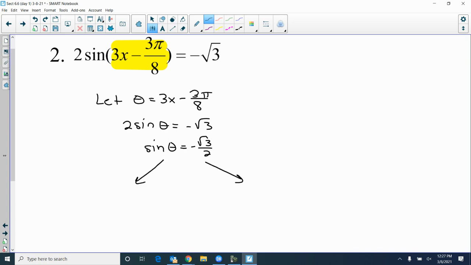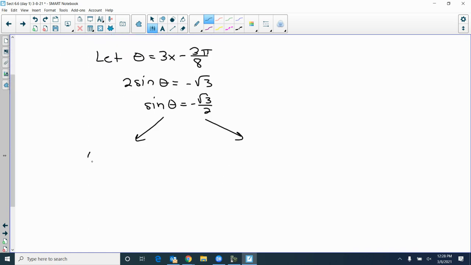All right, find your two angles. And this time your period is 2 pi, so it'll be plus 2 pi n for both of them. So negative square root of 3 over 2, theta equals, it's going to be in quadrant 3 and quadrant 4. Should be in terms of degrees 240 and 300.